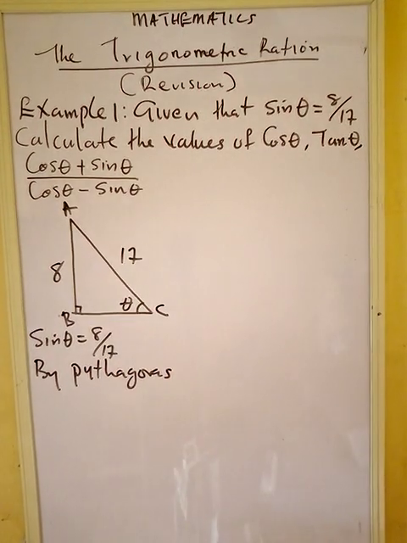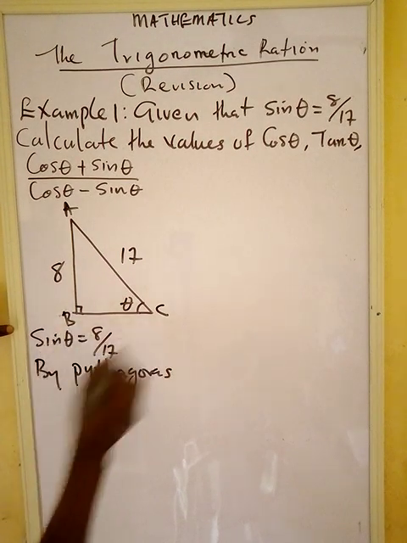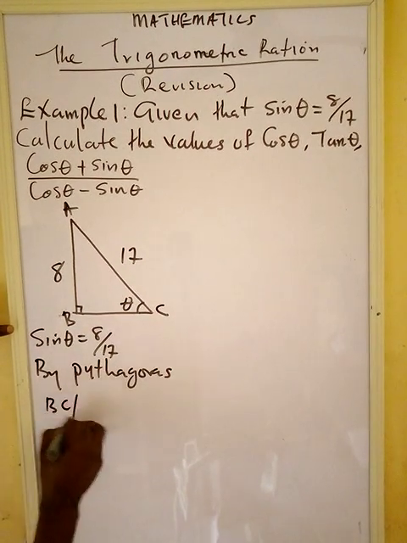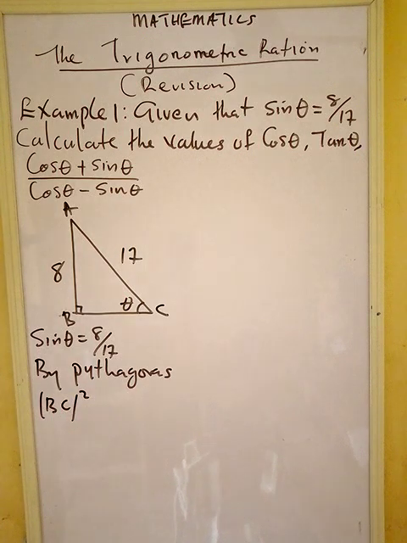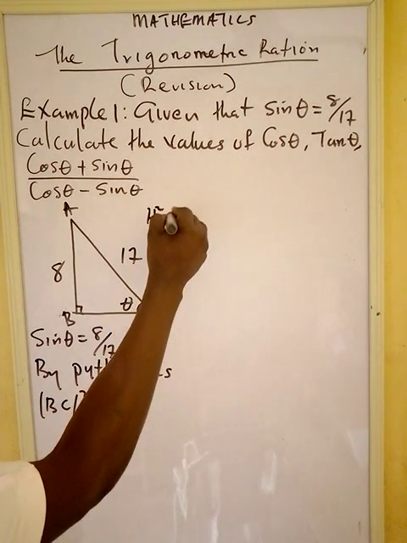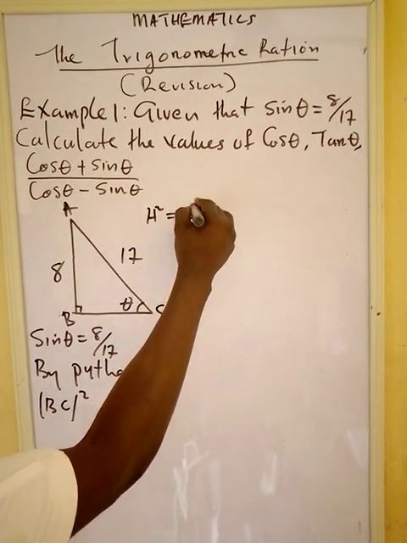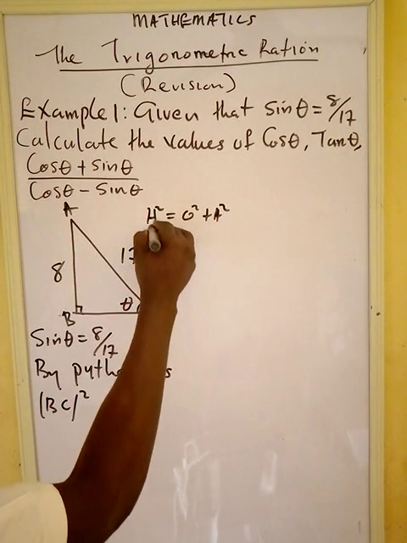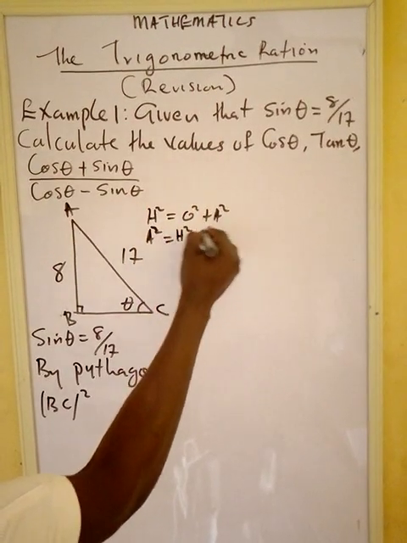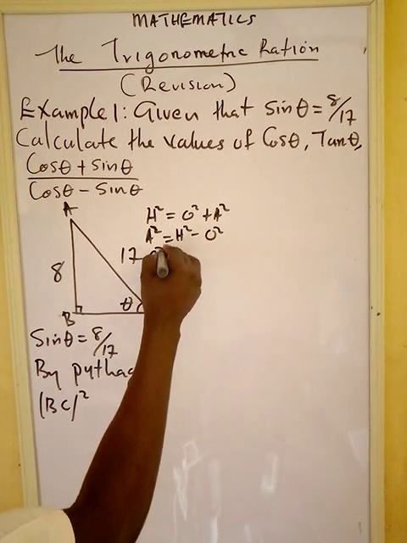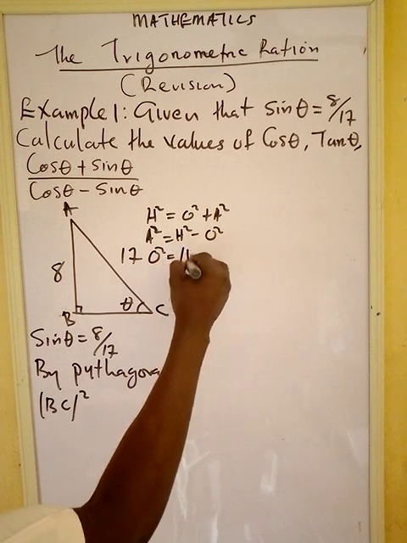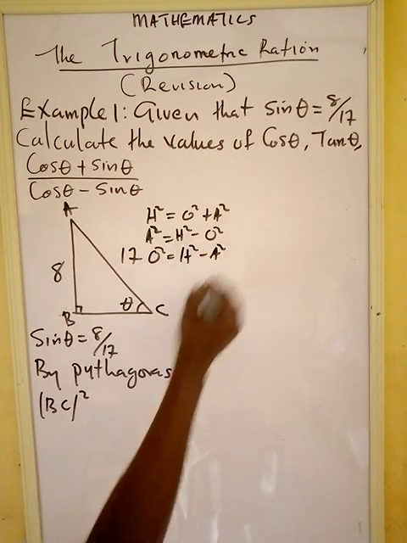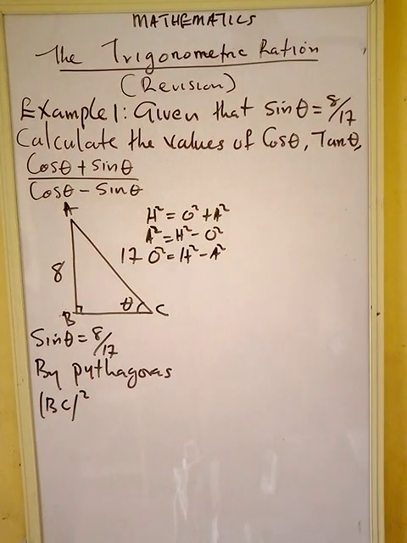By Pythagoras theorem, our hypotenuse squared equals opposite squared plus adjacent squared. Then adjacent squared equals hypotenuse squared minus opposite squared, and opposite squared equals hypotenuse squared minus adjacent squared. That is the formula for Pythagoras theorem.